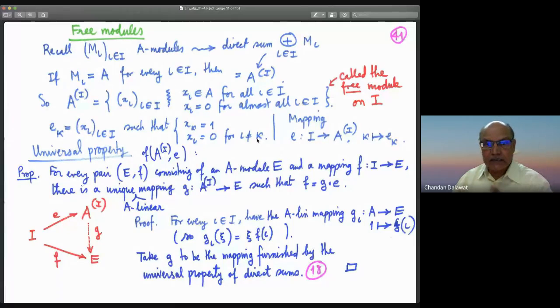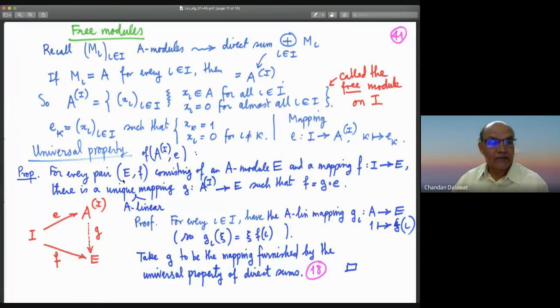Now, this construction, the free module on the set I, along with the mapping from I into that free module, has a certain universal property. What is that?